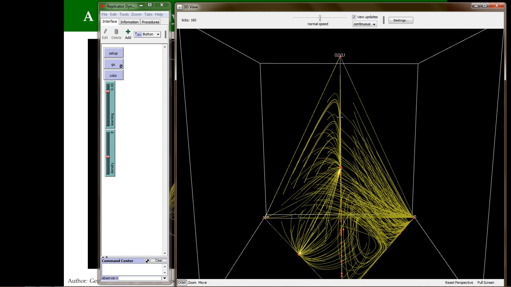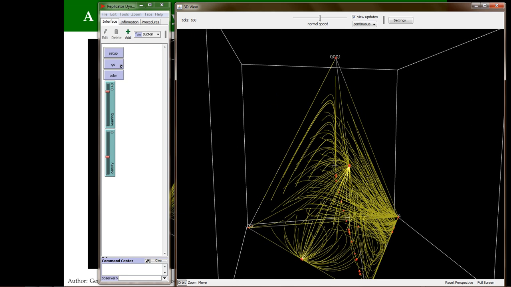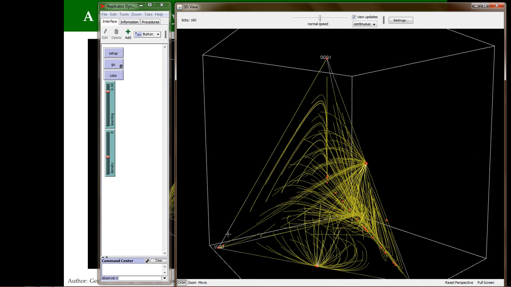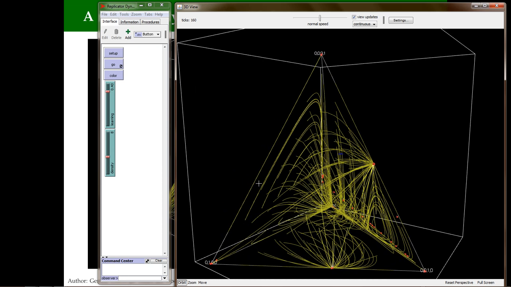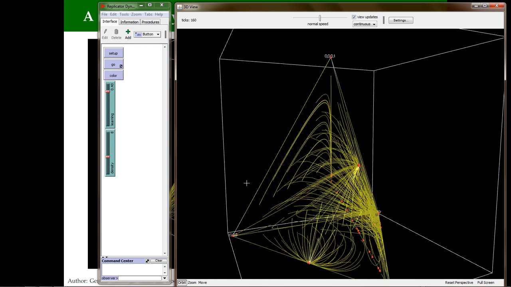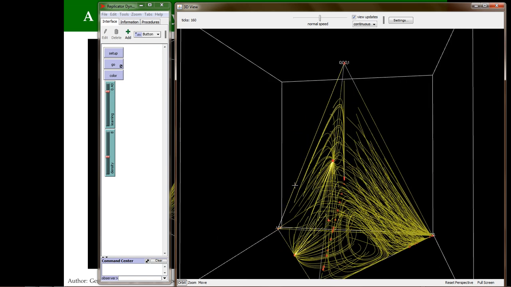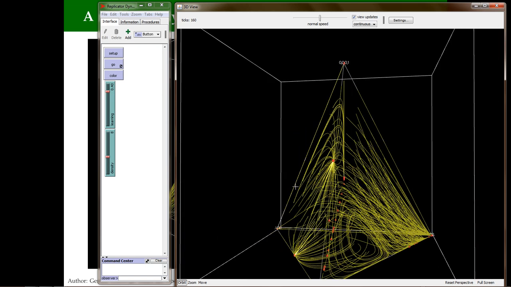So we now have one limit point here and one limit point here, at 0, 1, 0, 0, and so on. And we can have limit cycles, and in higher dimensions we can even have chaotic behavior. So just to give an idea what's going on in higher dimensions.